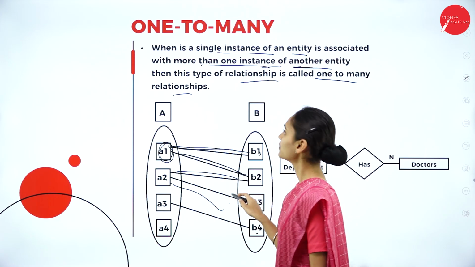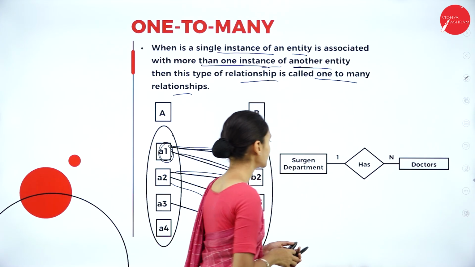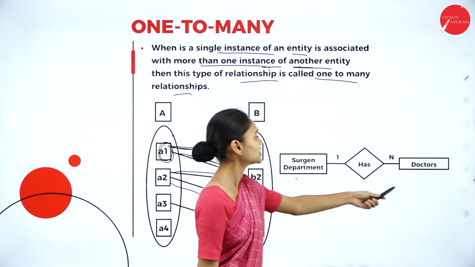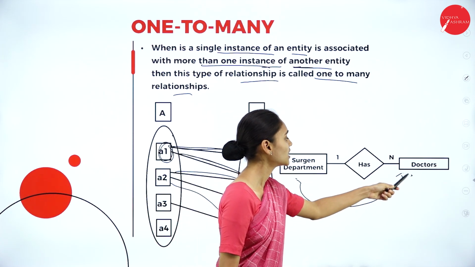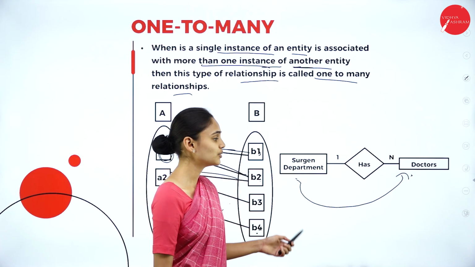So it's an example of one to many. For example, a surgery department has many doctors.